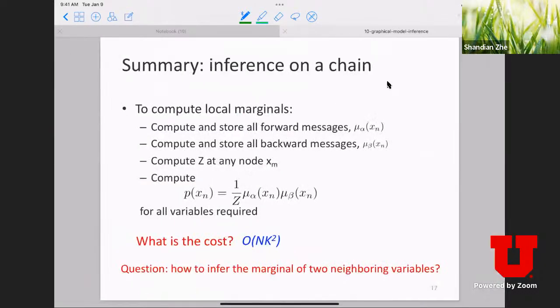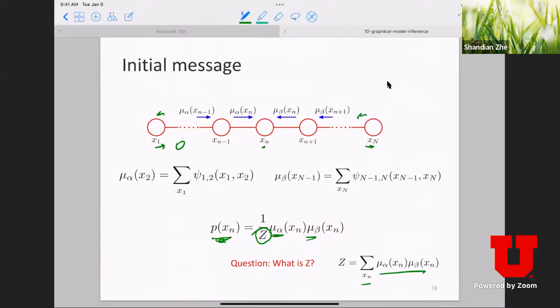So now I want to ask, what is the cost? If you take a look at the cost, every time, because this message is ready, what we need to do is just multiply this message with the potential function defined on the current node and the next node, and then you sum over xn minus 1.